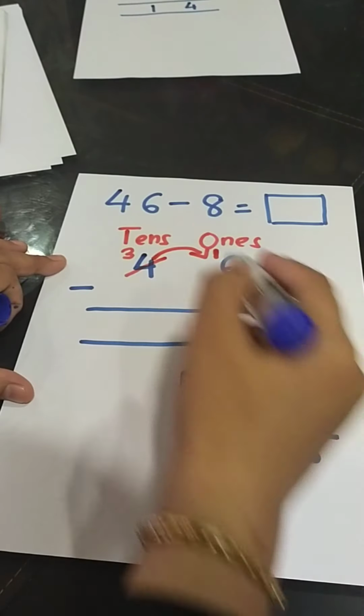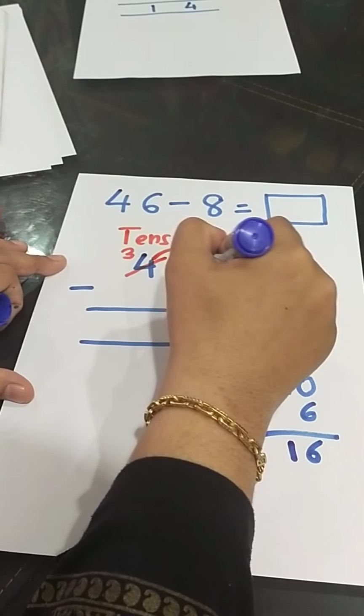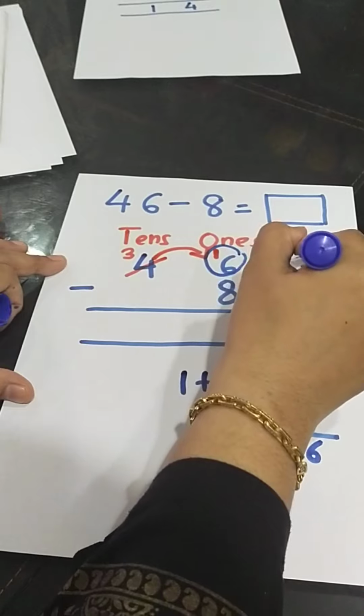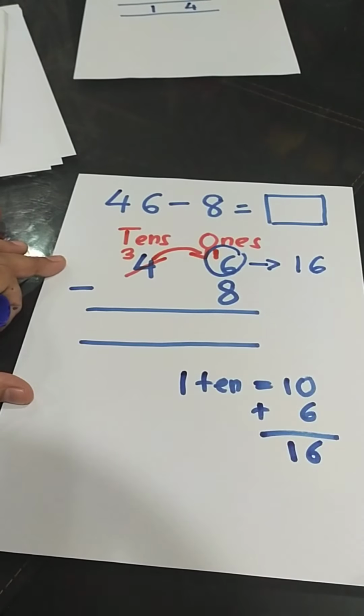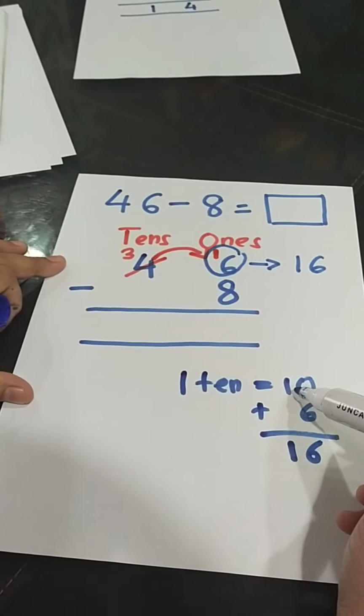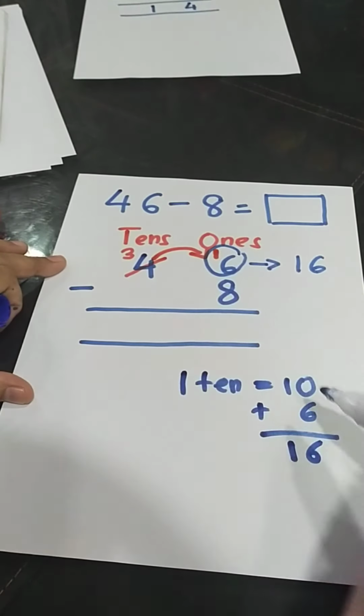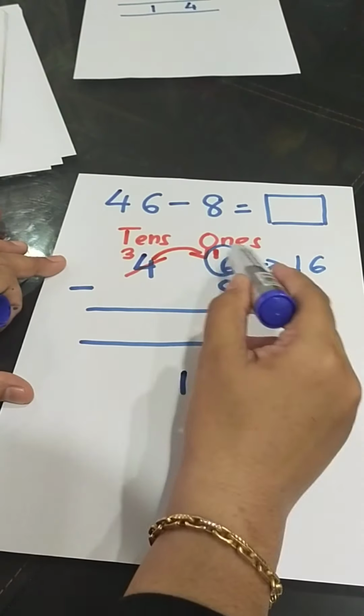So sebenarnya this number is 16. Okay, this number is 16. Sebab dia dah tambah dah. 10 plus 6, 16. So dia dah jadi besar lah.